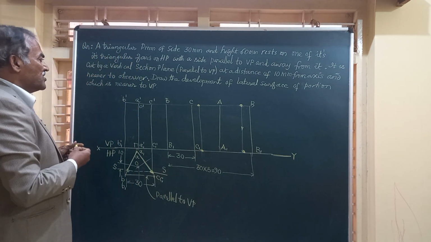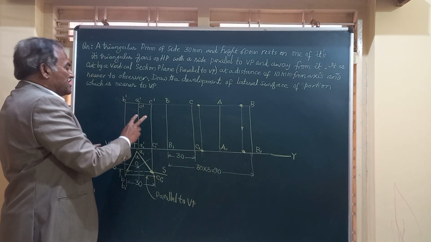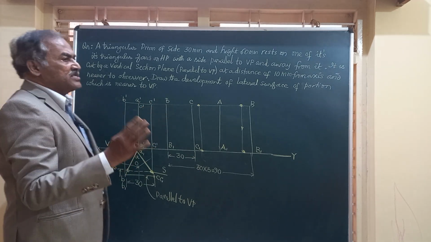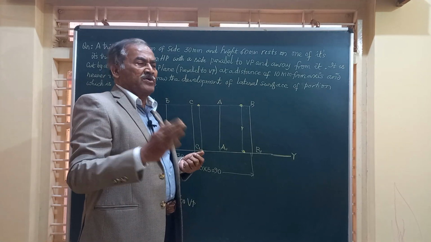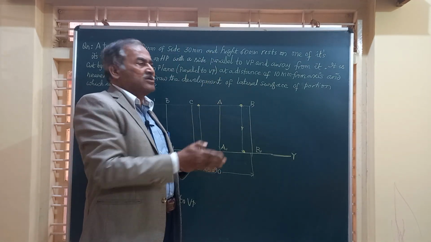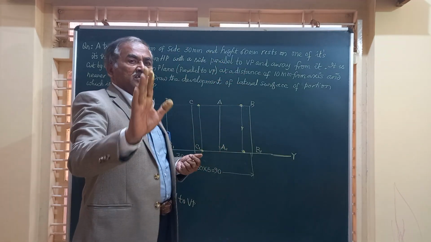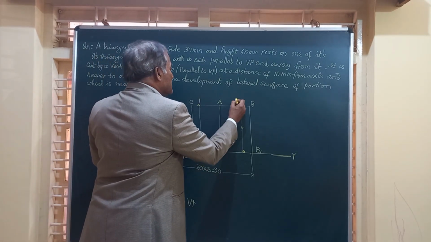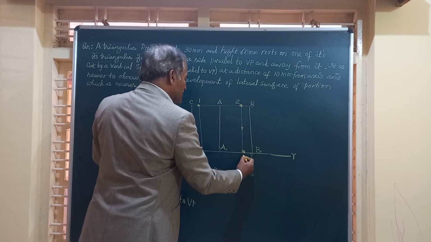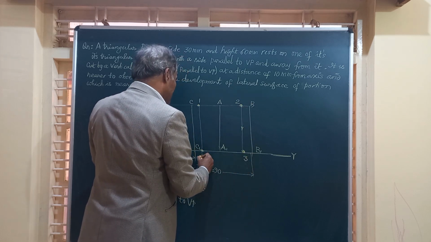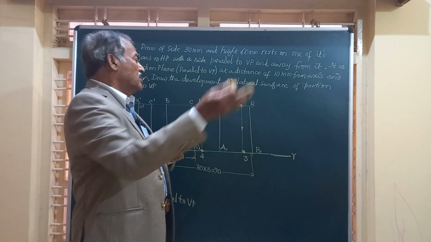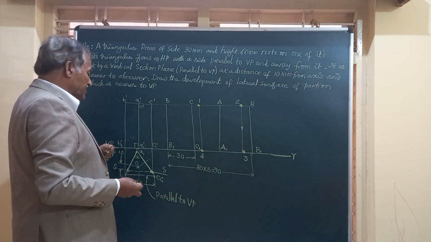The top surface is cut at 2 points and the bottom surface at 2 points. So basically we have 4 points where the vertical section plane, which is parallel to VP, is cutting the solid. You can number them as 1, 2, 3 and 4. The numbering can be done either in the clockwise or the anti-clockwise direction.